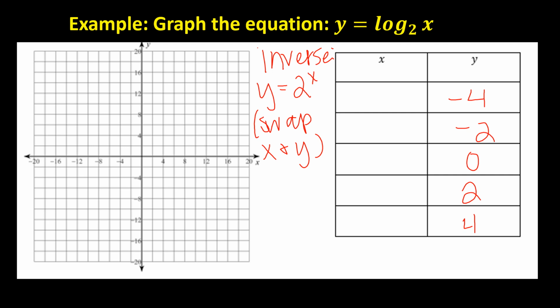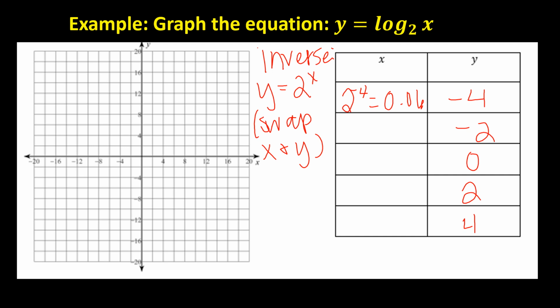Okay, so just for logarithm, put it in the y's instead. Okay, and then we're going to plug that into the inverse function, the 2 to the x. So we're going to find 2 to the -4th power. So type that into your calculator, 2 to the -4th power, and you should get 1/16 or 0.06.